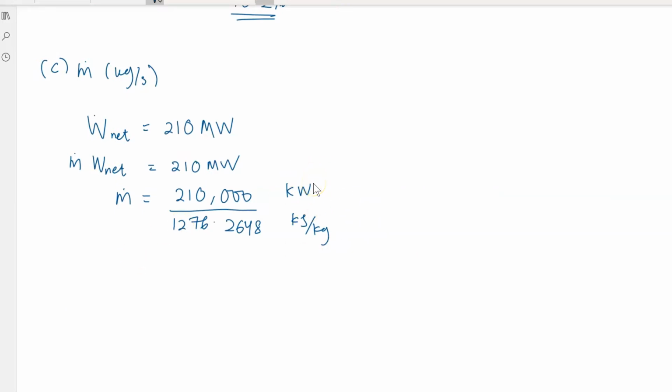Because this must be in kilogram per second, if we expand, this is actually kilojoule per second. When you cancel out this term, it gets equivalent to this one. Finally, you will get your m dot equal to 165 kilogram per second.